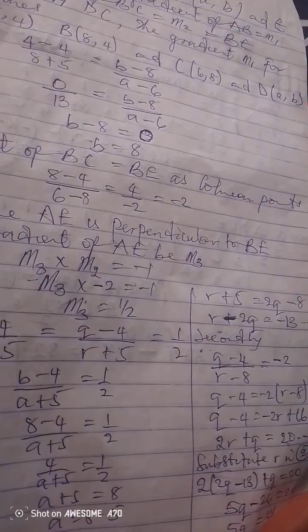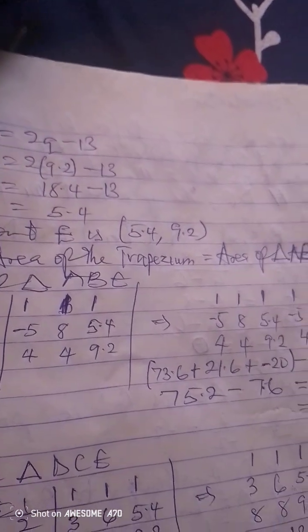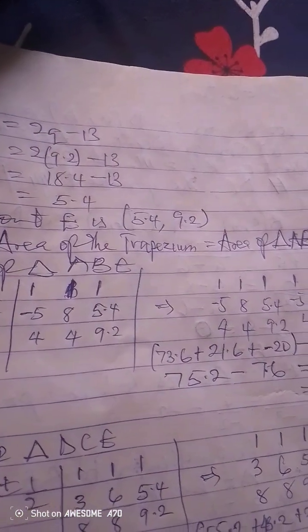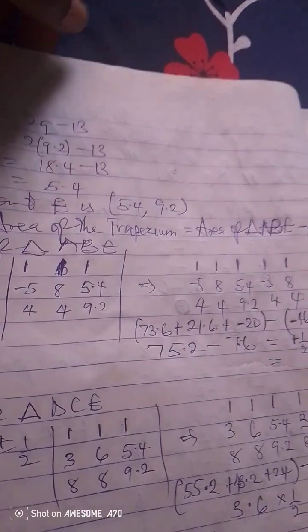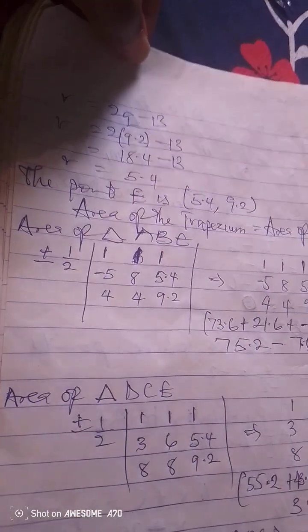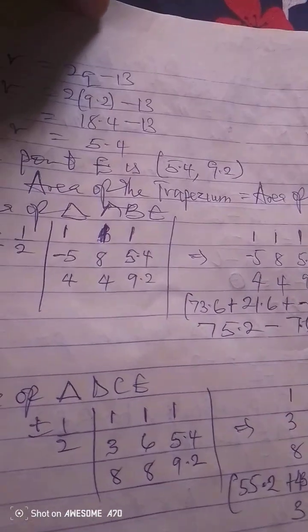Having gotten Q as 9.2, let's find R. R is given as 2Q minus 13, which is 2 times 9.2 minus 13, which is 18.4 minus 13. So R is 5.4. So the point E is (5.4, 9.2).